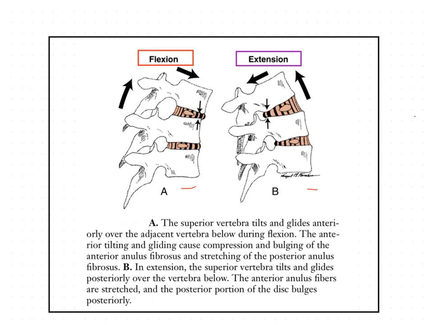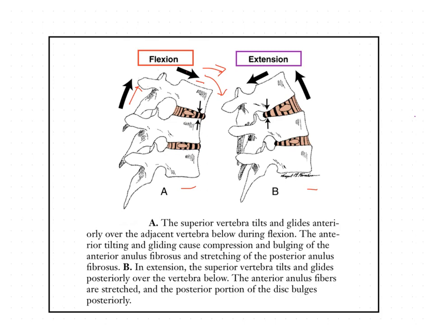There is anterior tilting as well as gliding of the superior vertebrae. This arrow represents the tilting, and this one is the superior gliding.